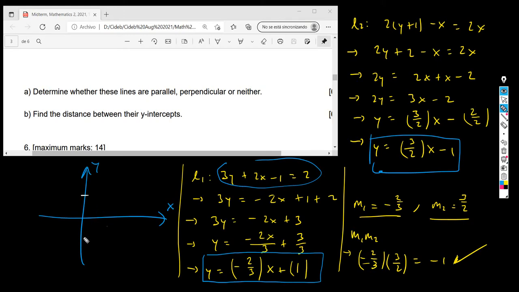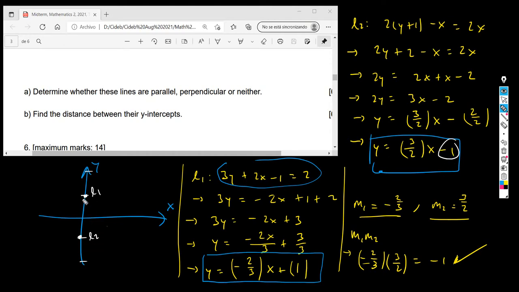So this is the number 1, this is -1, 2, -2. So this is the y-intercept of line 1. And line 2 has this y-intercept, which is -1.